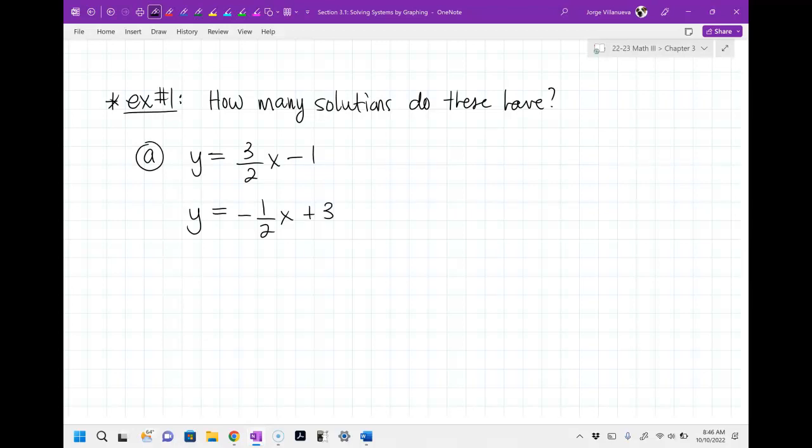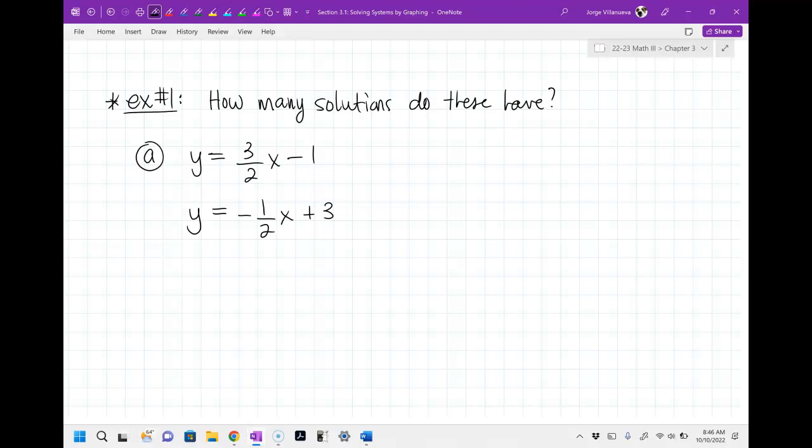So this is how I do these problems: I go easier to harder. First thing I ask myself is, are these lines parallel? What do you guys think? Parallel? Why not? They don't have the same slope, right?